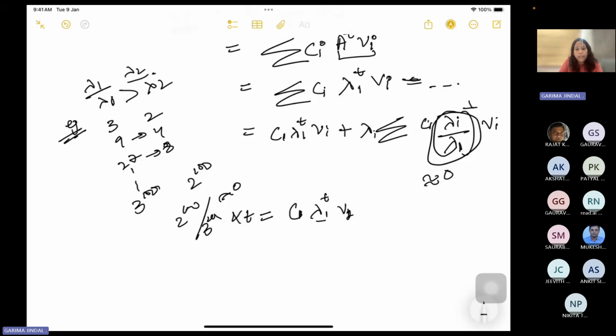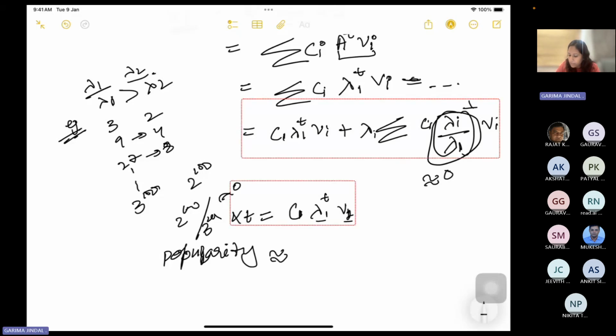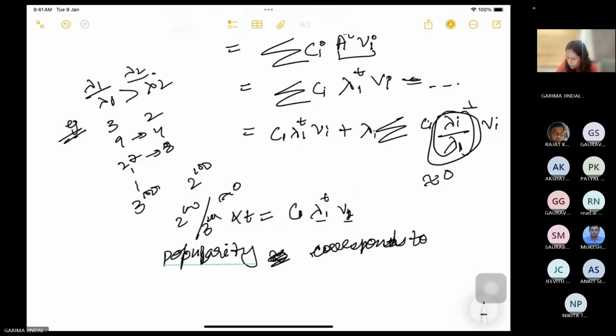So the popularity corresponds to the principal eigenvector. The principal eigenvector is the first vector. The final popularity which converges is equal to the principal eigenvector.